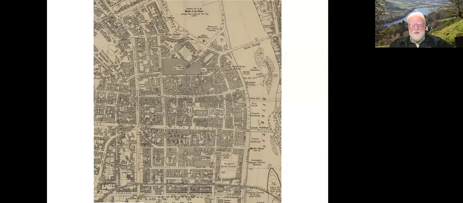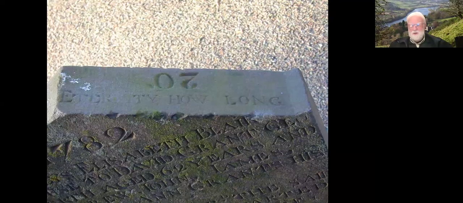And one of them has on the top of it, "Life how short, eternity how long." And for those of us who study Perth, that I think is a fair summary of the experience of doing so.